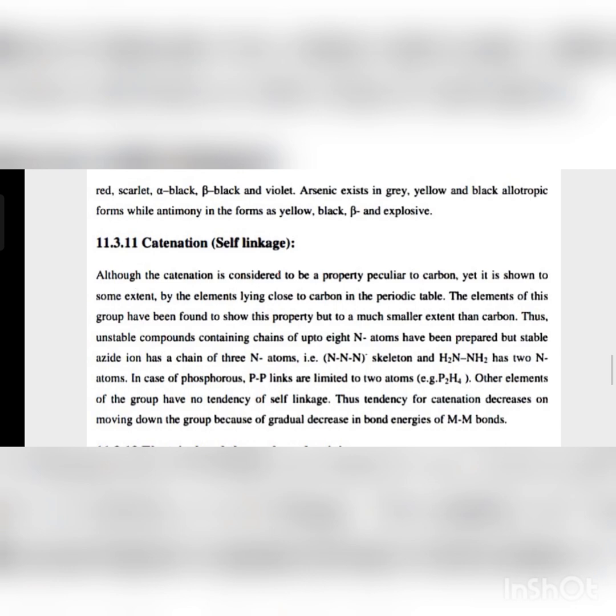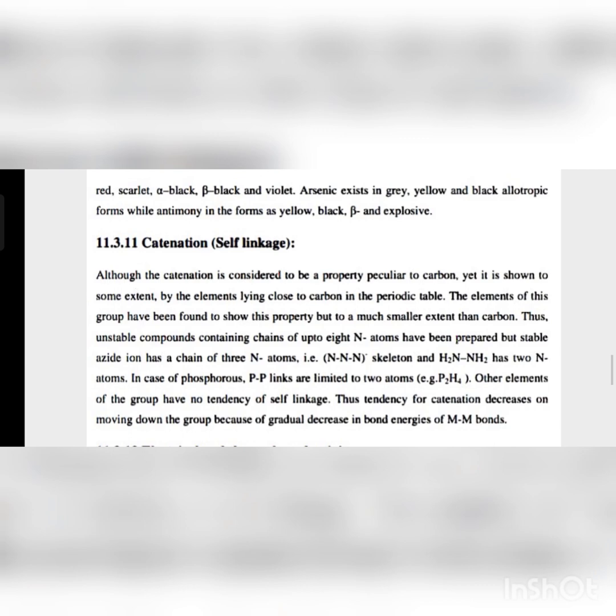Thus, unstable compounds containing chains of up to 8 nitrogen atoms have been prepared, but the stable azide ion has a chain of 3 nitrogen atoms, that is the N3- skeleton, and N2H4 has 2 N atoms.